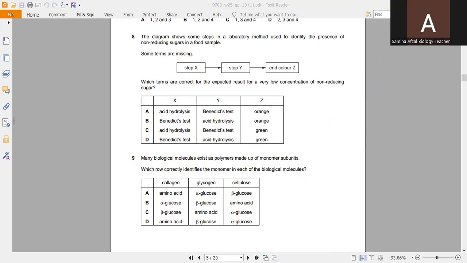So according to this, I would like to say the first two, A and B options, cannot be correct. The green grain option is correct. But first of all, we have to perform the acid hydrolysis to break down the non-reducing sugar into reducing sugar.